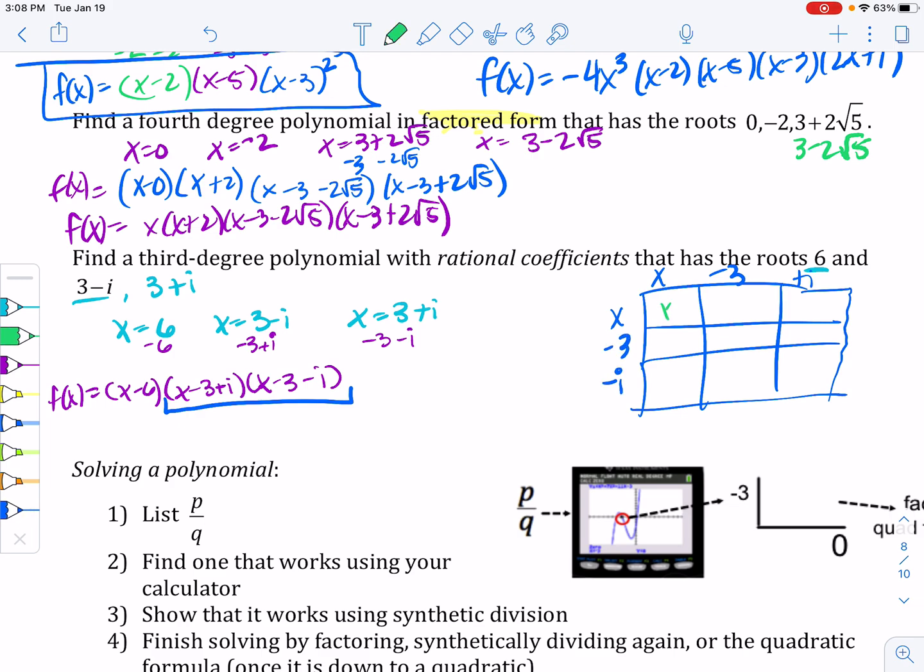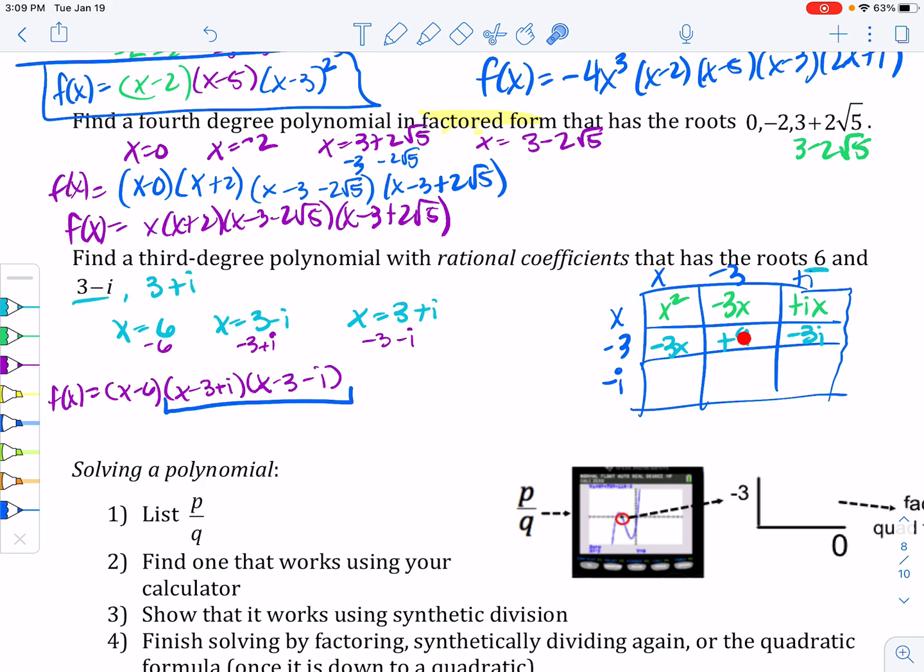So in our first row, we've got x squared minus 3x plus ix. In our second row, we've got negative 3x plus 9 minus 3i. All I've done is x times x is x squared. x times negative 3 is negative 3x. x times i is ix or xi, either one is fine. Negative 3 times x is negative 3x.